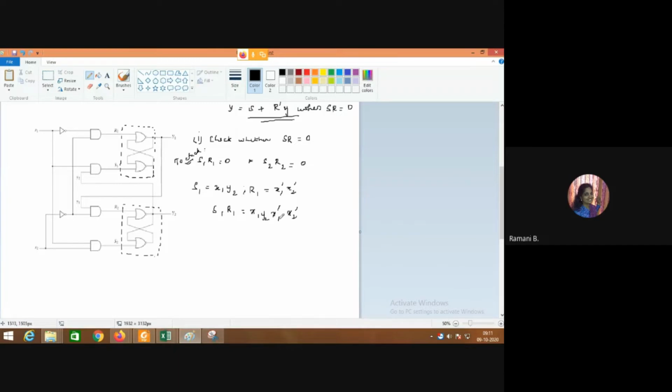With respect to the same variable, we have the true form and the complement form, so this value is equal to 0. So for the first latch, the condition is satisfied.